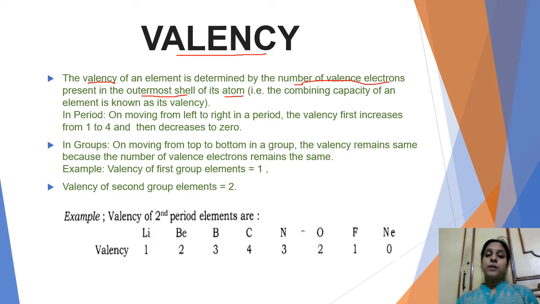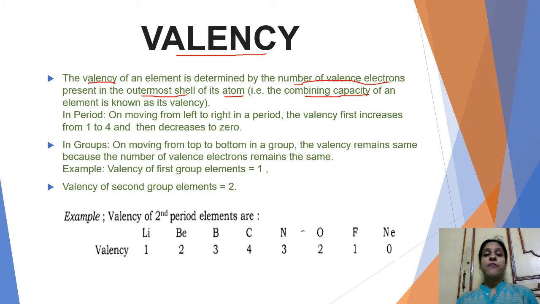In another way, we can also define valency as the combining capacity of an element. The combining capacity of an element in a compound is also known as its valency.